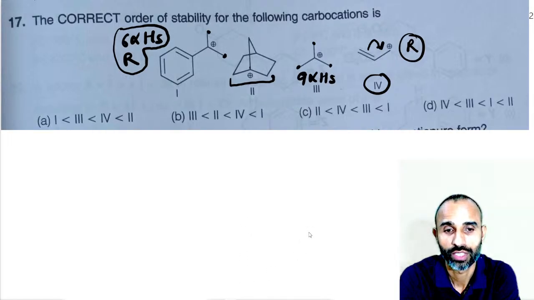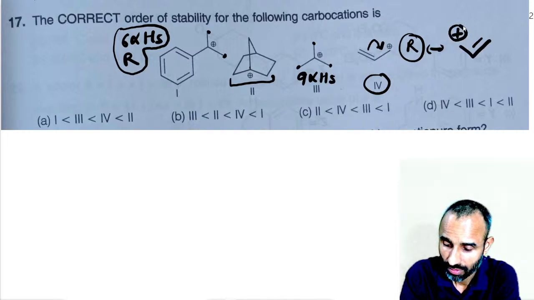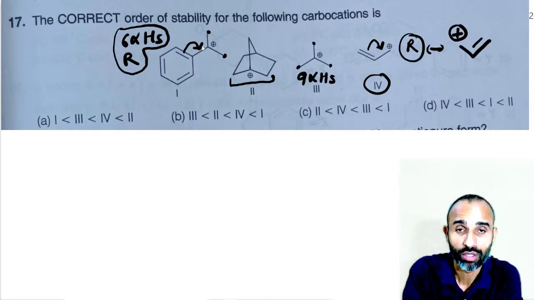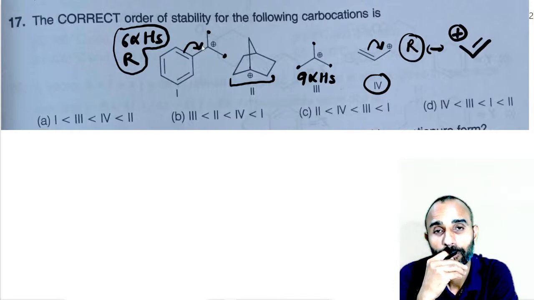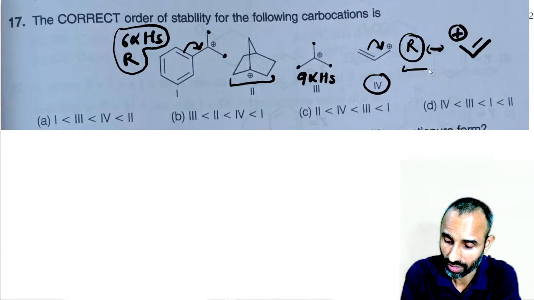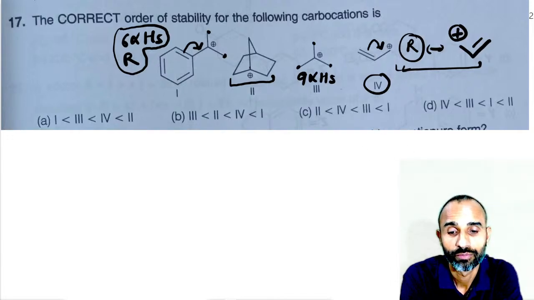There are 6 alpha hydrogens and at the same time resonance, but here when resonance takes place, it loses its aromatic character. Here there are equivalent structures, just like carboxylic acid and carbonate ion. Understood.